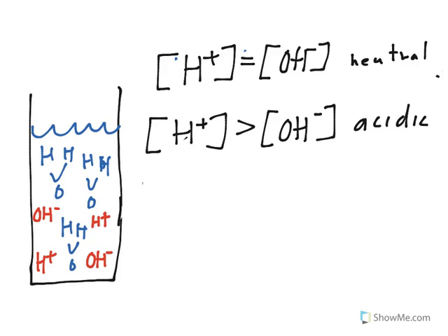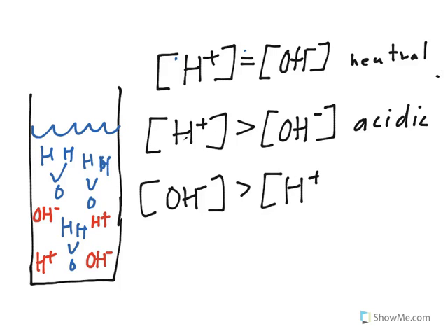An acidic solution is one where the concentration of H plus is greater than the concentration of OH minus. Is the opposite true? Is it possible for me to have more OH minus than H plus? Absolutely, it's possible. And if that is the case, we say the solution is basic.